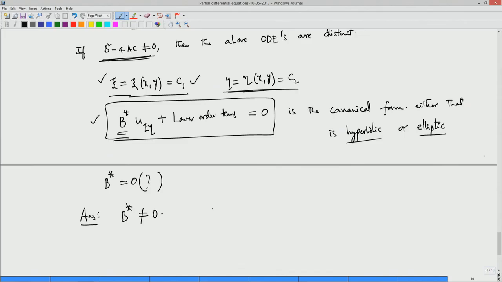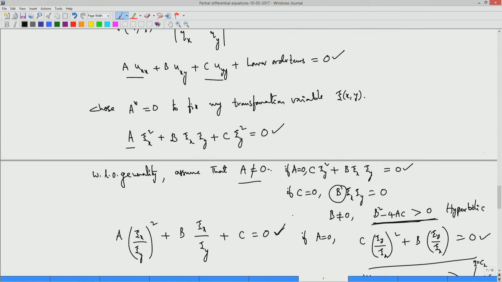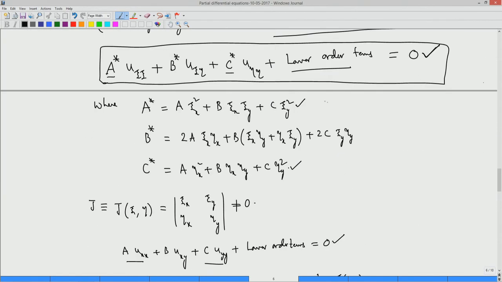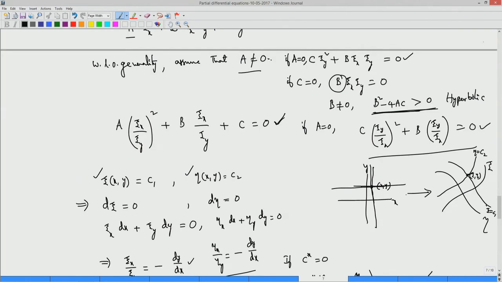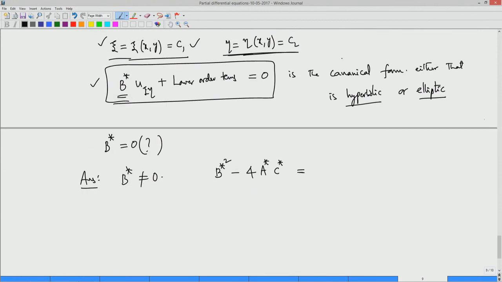You can see this from b star square minus 4a star c star. This is the discriminant of the transformed equation. You know a star, b star, c star from these three expressions, and you know a, b, c. On the right hand side you have b square minus 4ac.